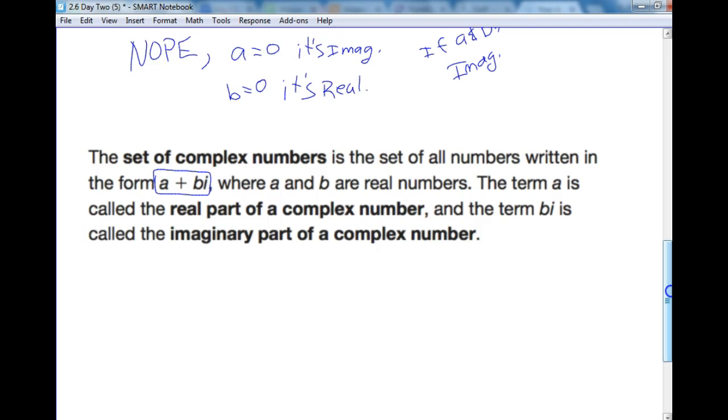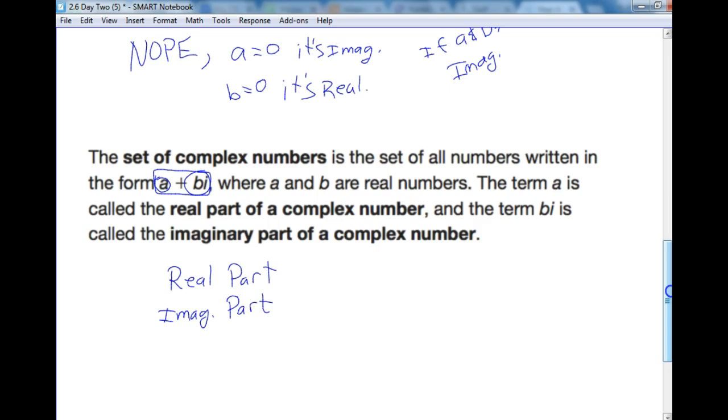Okay? b would be multiplied times i. A real number times i is an imaginary number. And the term a, right here, is the real part of the complex number, and the bi is the imaginary part of the complex number.